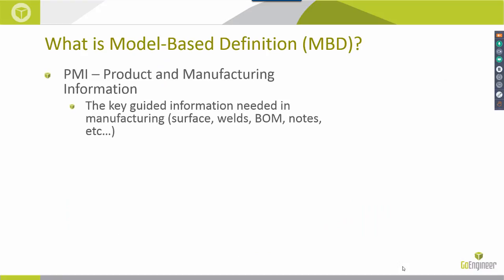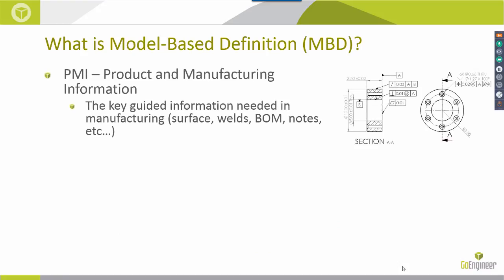So model-based definition, this whole area is fraught with three-letter acronyms or abbreviations. Let's talk a little bit about PMI, Product and Manufacturing Information. As you can see from the graphics on the right-hand side, this is a lot of times what we use in dimensions, geometric tolerancing frames, and datums.